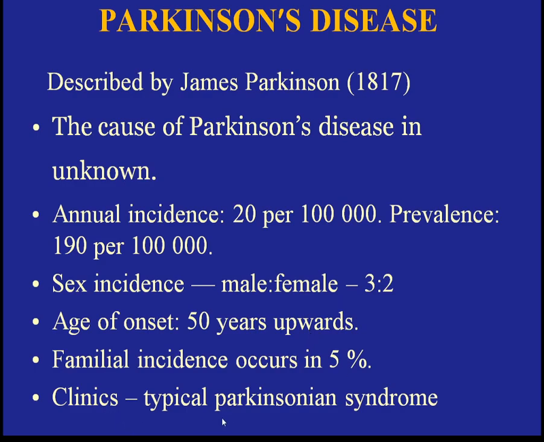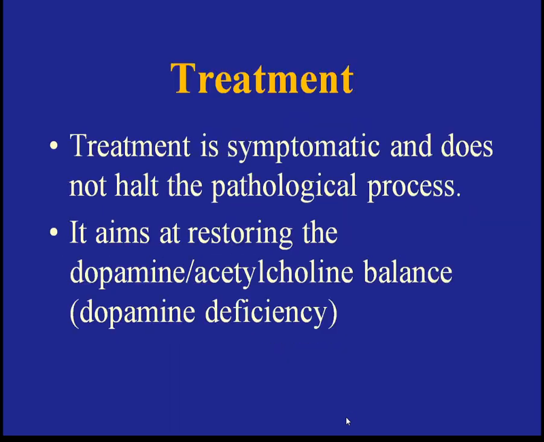Clinical pictures, typical Parkinsonian symptoms. But their first symptoms are unilateral. This is typical for Parkinson's disease. Treatment is symptomatic. It does not halt the pathological process, but really can help.